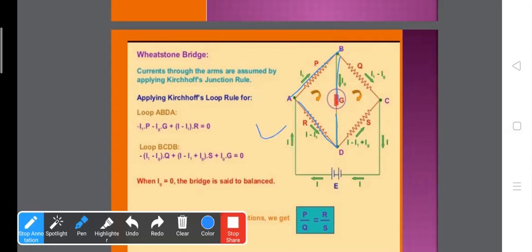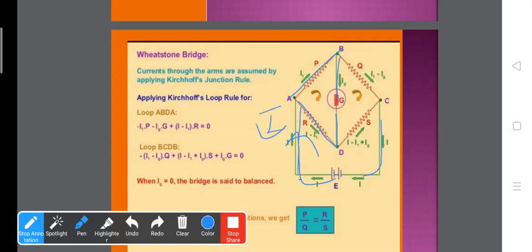So let's understand this diagram. We have already discussed the four resistances P, Q, R, S forming a quadrilateral ABCD, right? And a battery is connected between A and C in the circuit. Here, current I is flowing through this circuit.